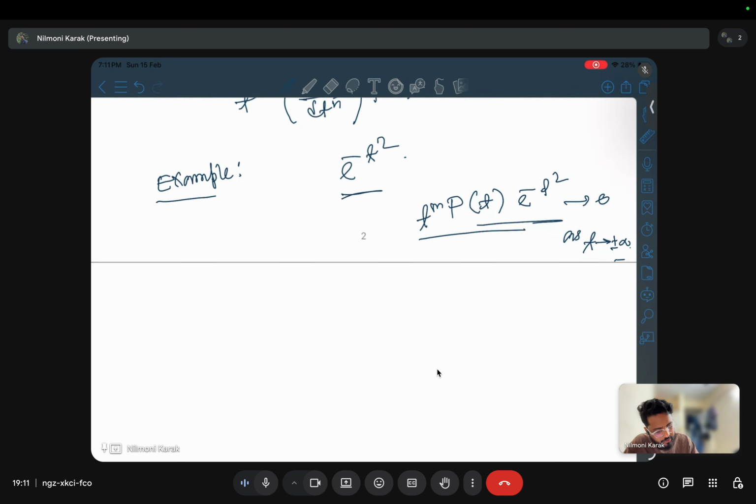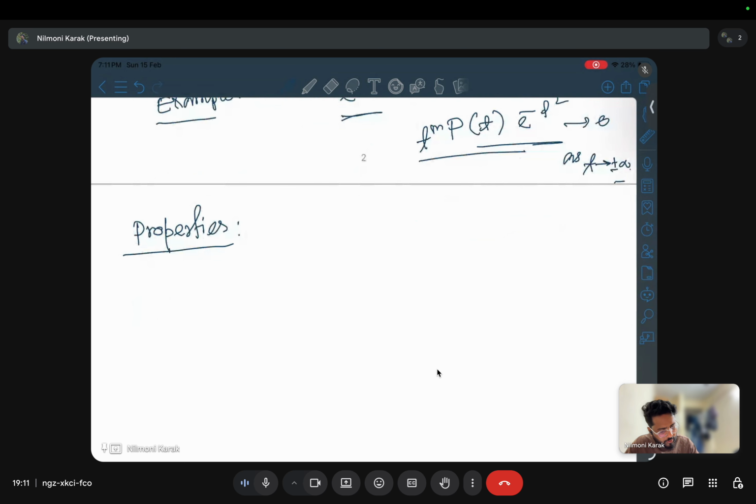And there are some properties of the Schwartz space.